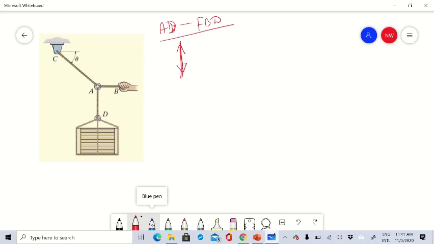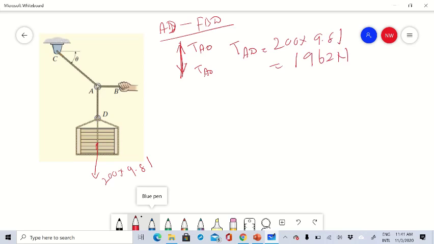And we know this one is 200 kilograms, so the weight is 200 times 9.81. We call the tension TAD at both ends, so TAD, the tension in this cable, should be equal to 200 times 9.81, which is 1962 newtons, right? So the tension in rope AD is 1962.